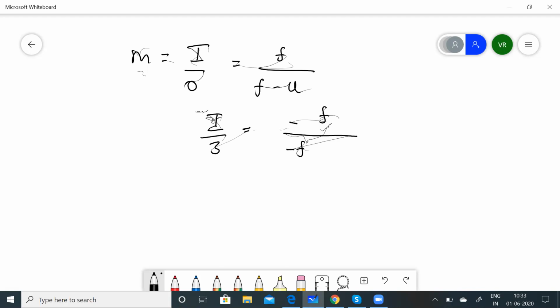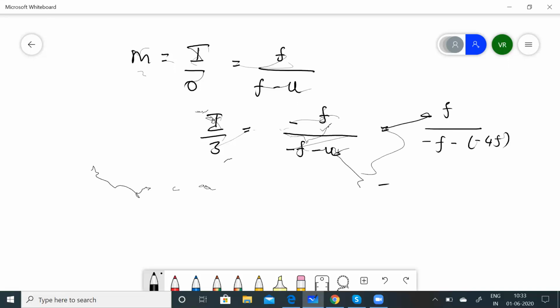So minus f minus u. This is u, which is equal to, he says it is 4 times. So that would be minus f by minus f minus, or minus 4f.